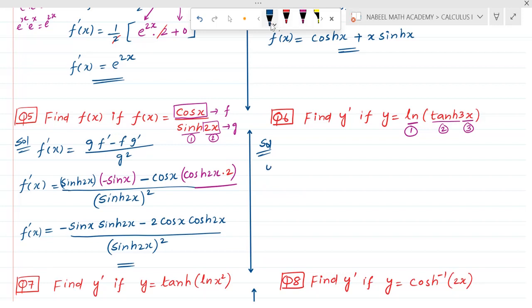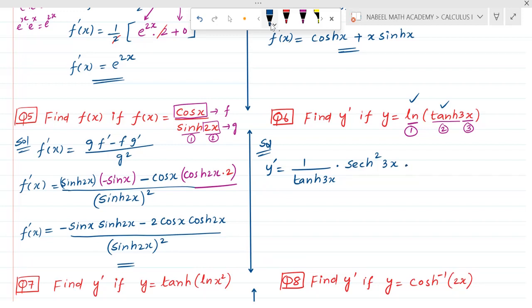First, y prime, ln. What is the ln differentiation? 1 over tanh 3x. This is done. Now tanh. The tanh differentiation is sech squared of the whole thing, 3x. So tanh is also over.